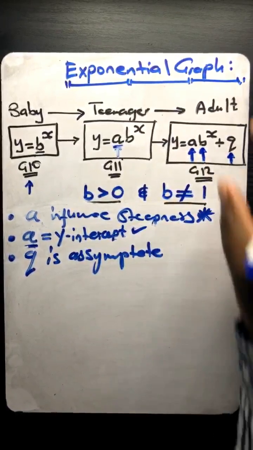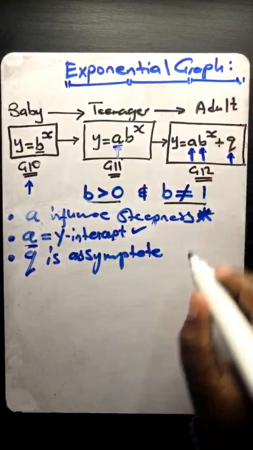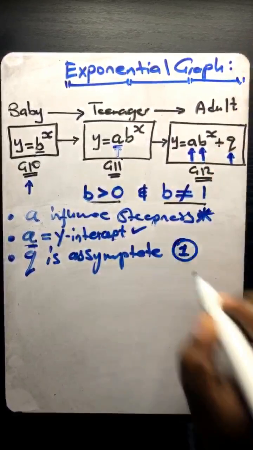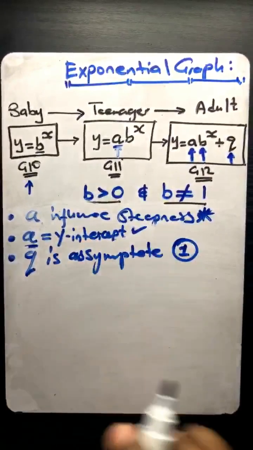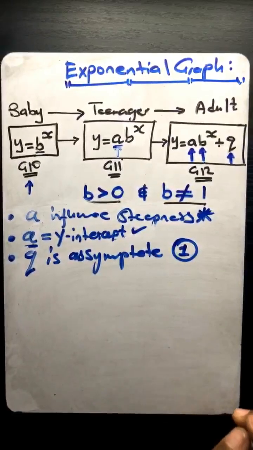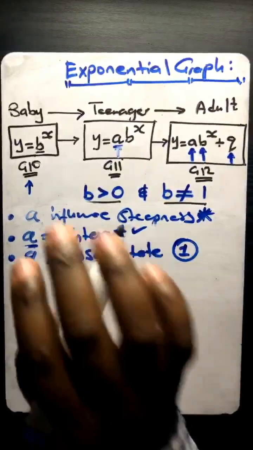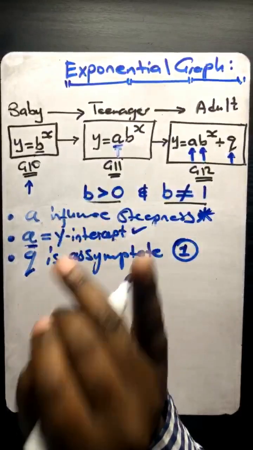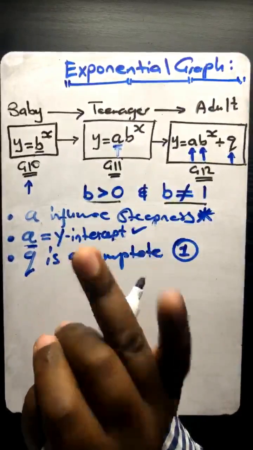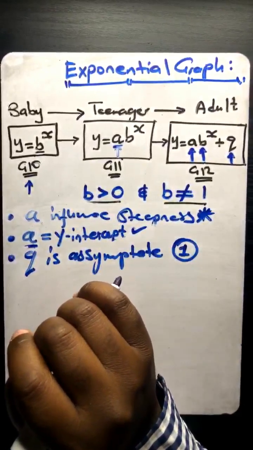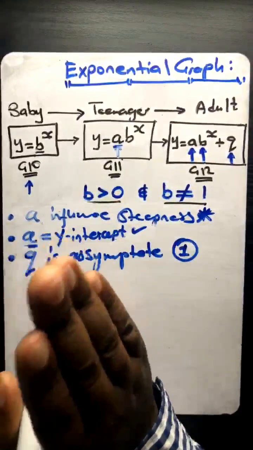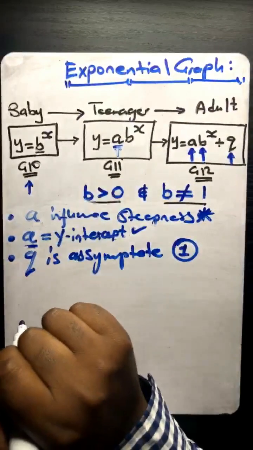So that means under exponential, we only have one asymptote, but under hyperbola, you have two asymptotes. Just always remember that. You only have asymptotes under exponential and hyperbola, but when it comes to parabola, it's what we call an axis of symmetry.